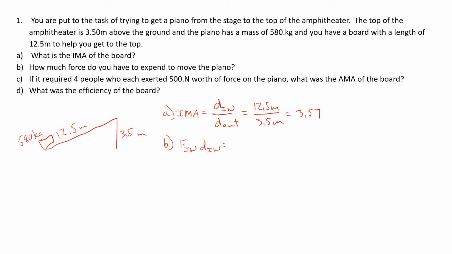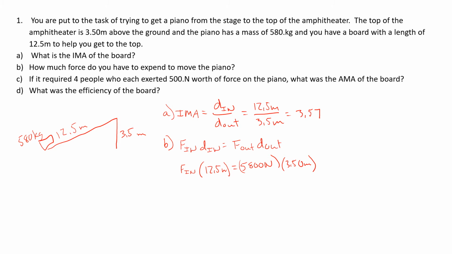So the work we put in is equal to the work that we get out of our simple machine, or F in times the 12.5 meters should equal the weight of the object, 5,800 newtons, times the distance of 3.50 meters. Remember, because what we really get out of this is we're raising the object up in the air.